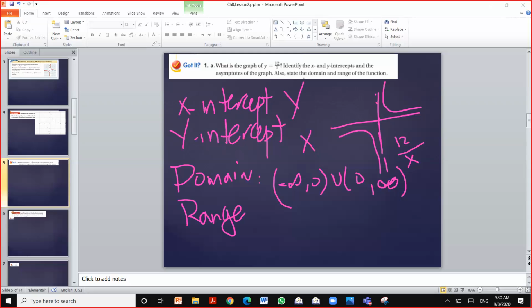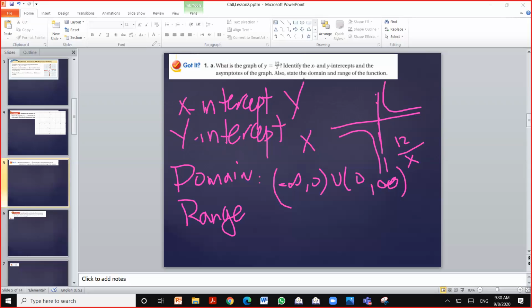So girls, for any function from the parent of a over x, if it is 0.25 over x, 8 over x, 12 over x, 1 over x, any function like a over x, all the time the domain is the same, from negative infinity to 0 and from 0 to infinity.